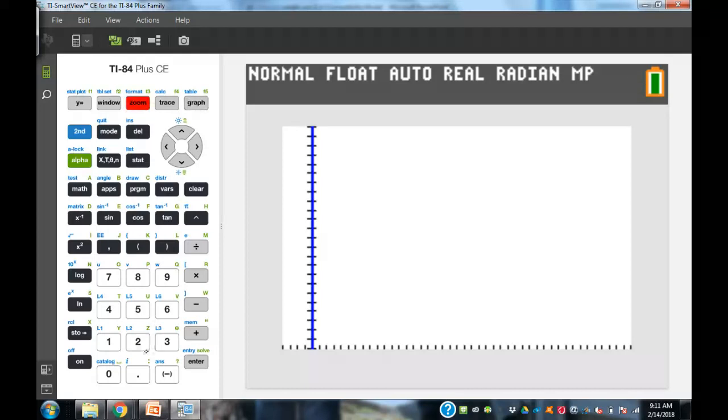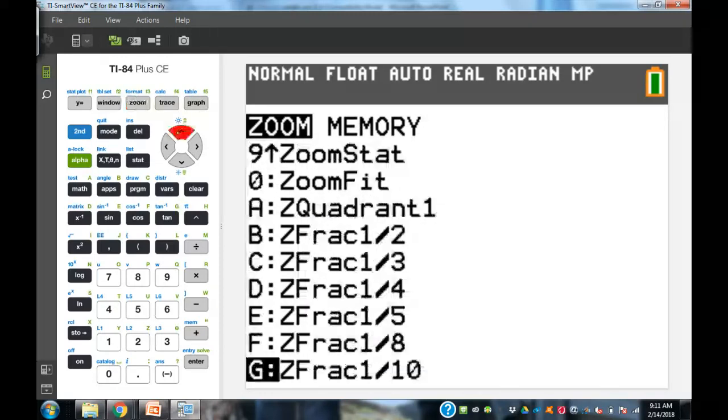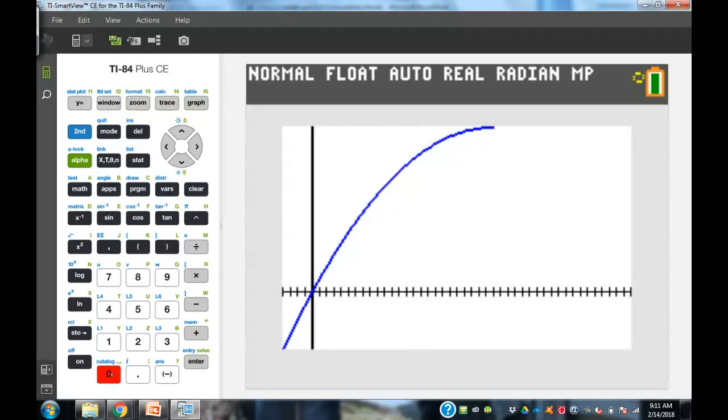I'm going to hit zoom, and then use zoom 0 for zoom fit, so I get to see that parabolic shape there. Getting something like that.